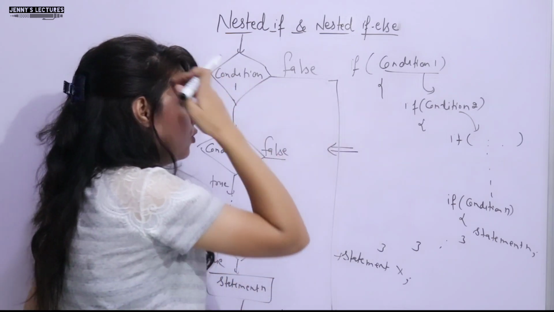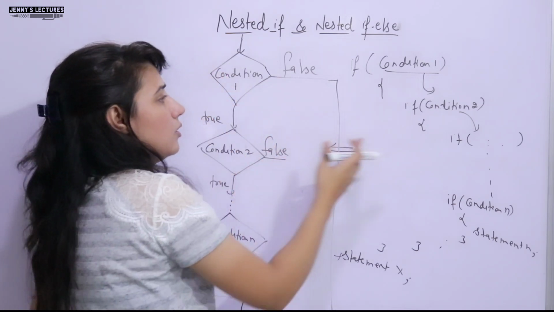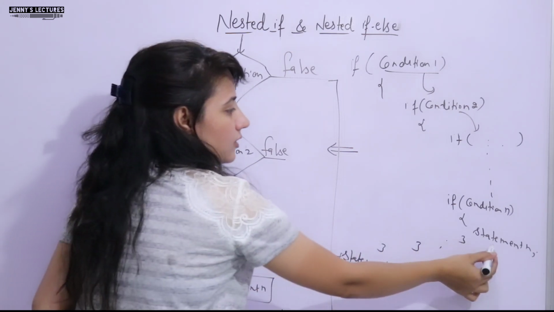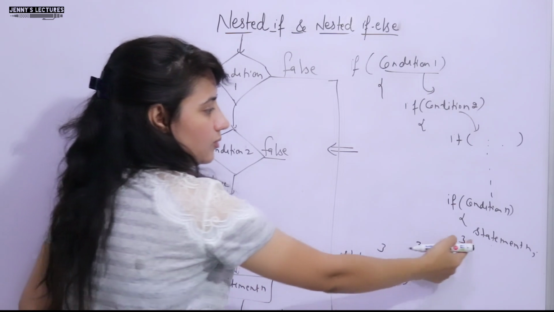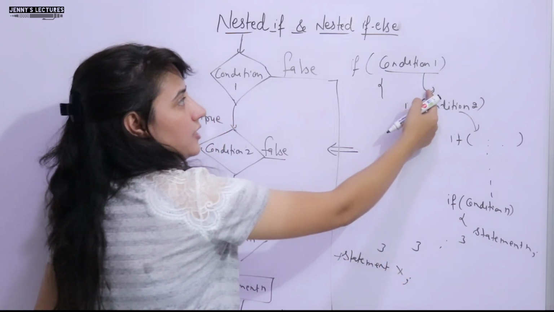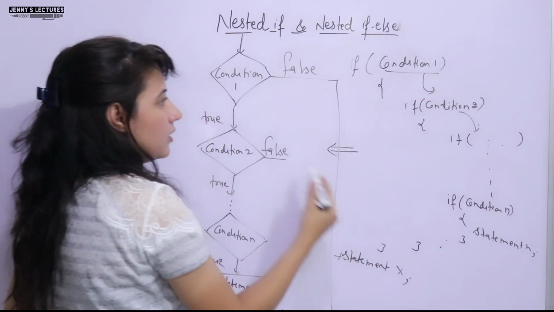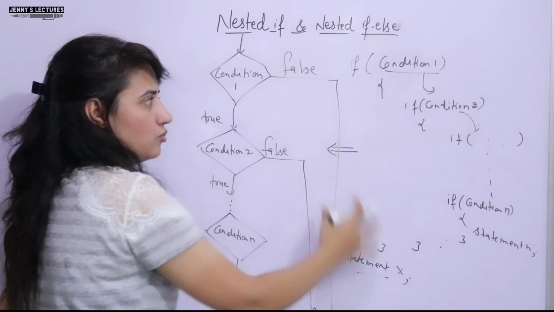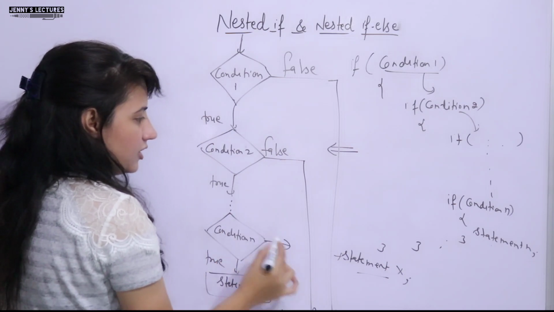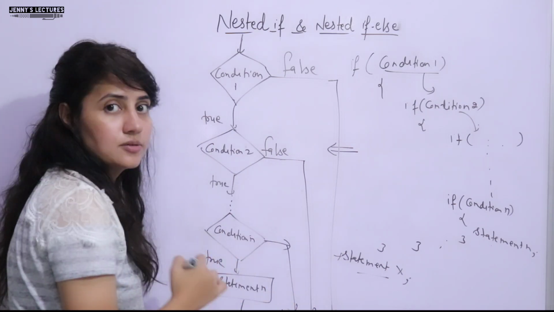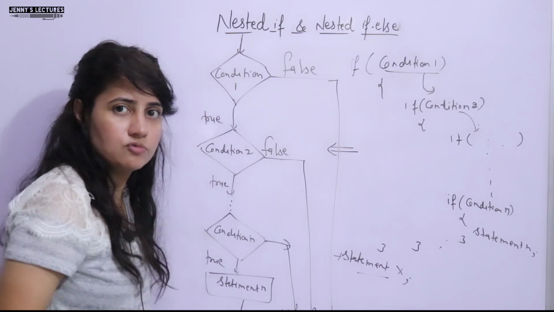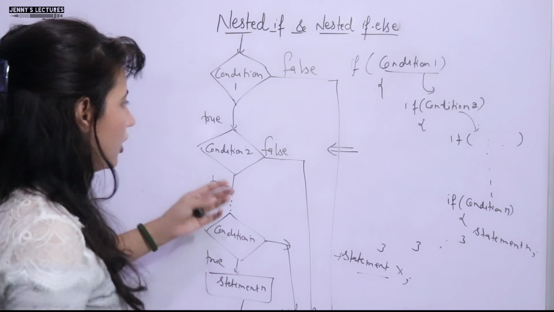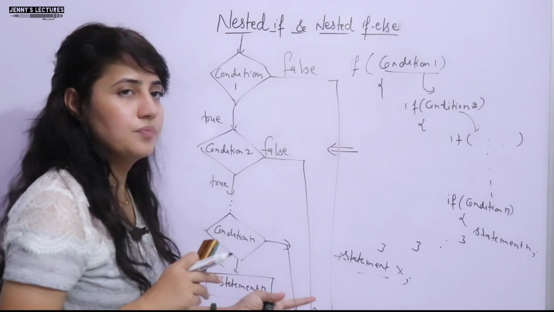If false, in that case, within the block we are not writing any statements like we have written statement n. You could write statement 1, statement 2, like this, but we are not writing any, so if false, it goes directly to statement x out of this if block. Same if condition n is true, it goes directly to statement x, and after that maybe exit or further execute the program. This would be the flow chart of nested if.